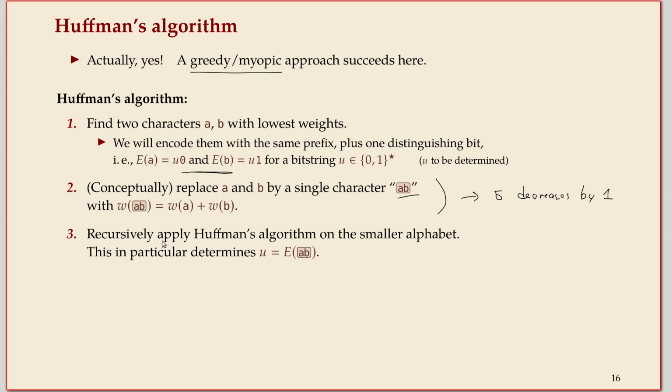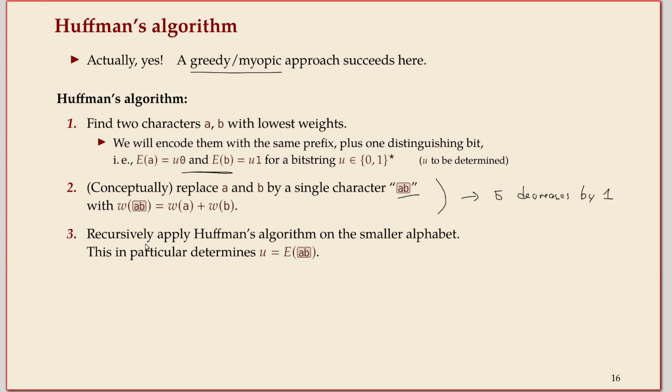So we can recursively apply the same algorithm on the smaller alphabet. There will be, again, 2 characters of smallest weight. Those will be identified, replaced by 1 such super character with the sum of their weights, and so on and so forth.